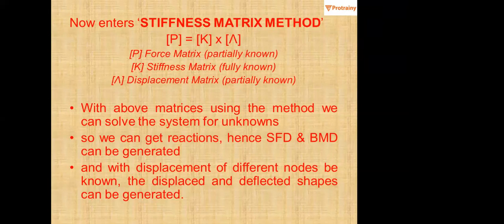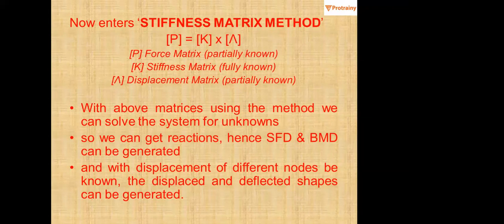Why is it fully known? Because the span is up to you or up to the architect, whoever is planning this particular structure. Then the material, again it's up to you what material you are going to use. You are going to use timber, RCC, PCC, or a steel frame, right? And the sections of the elements are again in your control.